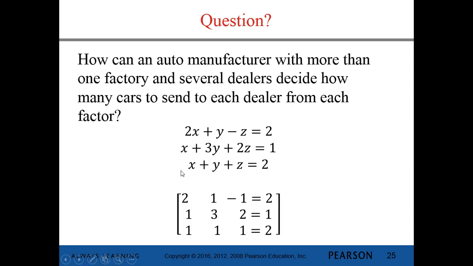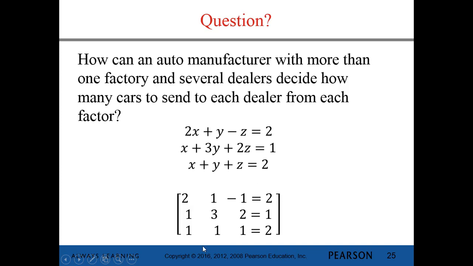So what we can do is ignore the variables and simplify our expression by just writing down the coefficients and the constants. And then we can create what's called an augmented matrix.